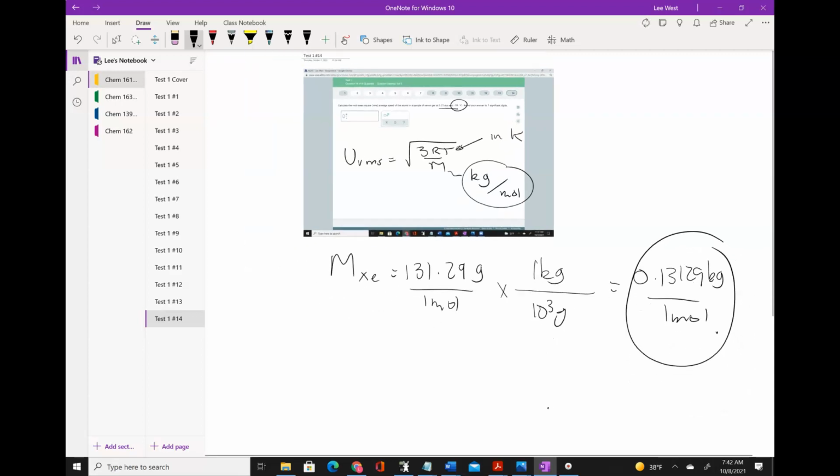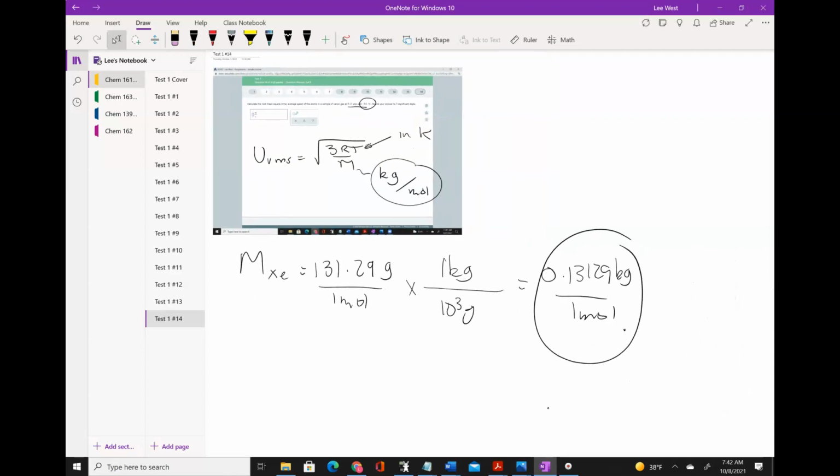That's for a whole mole of atoms. If we wanted the mass of one atom, how would we do that? Well, let's just leave that be. Now we're going to apply the formula. R, the ideal gas constant, can be expressed in a couple of different ways.